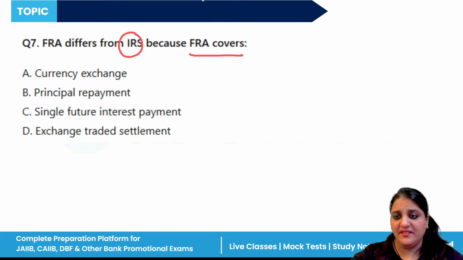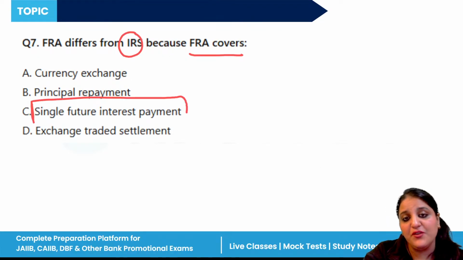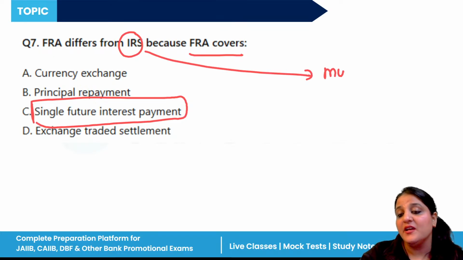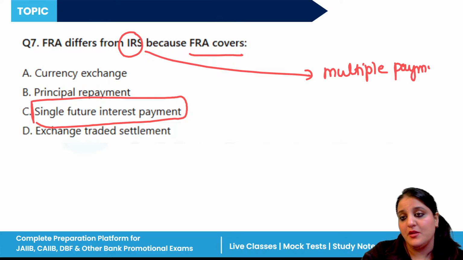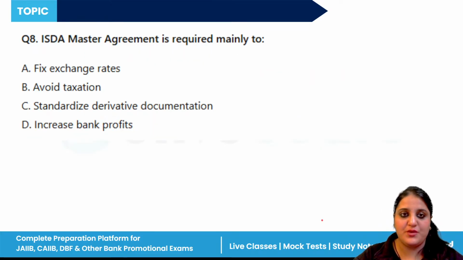The simple answer, according to the option, is that FRA has a single future interest payment, while in IRS there are multiple payments. So which option is correct? Option C is correct. Right?